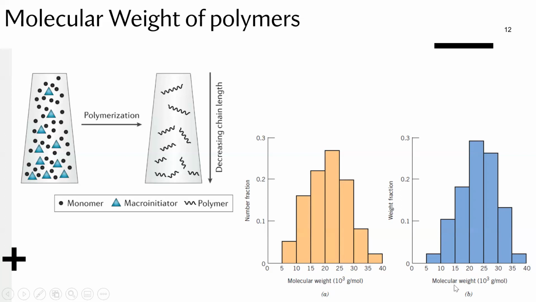So here what you have is that it's a weight fraction. Or in other words, what it's telling you is how much of the weight of this entire mixture is basically 10 to 15 times 10 to the 3 grams per mole, or, you know, X number of units. And so you can draw this for every production sample. You can draw this either based on the number fraction or the weight fraction.